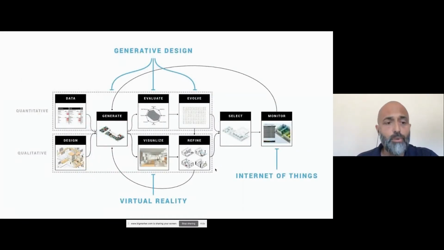So the two areas that I really want to talk about fit into two parts of this overall visualization. The first area is over here on the Internet of Things.